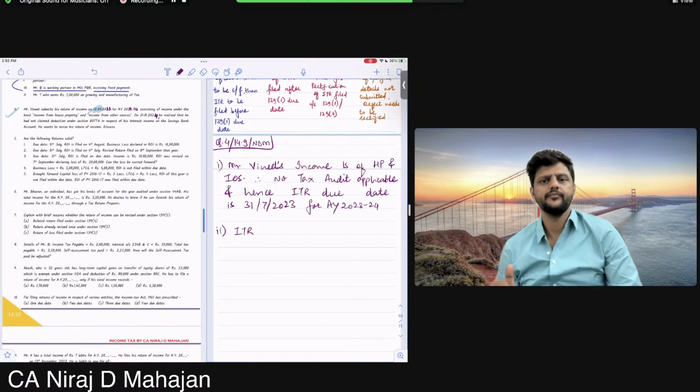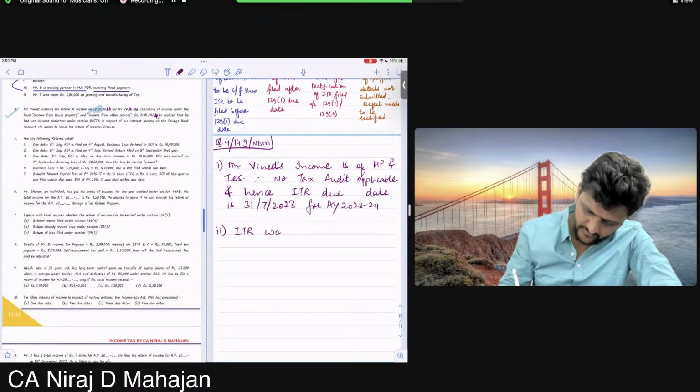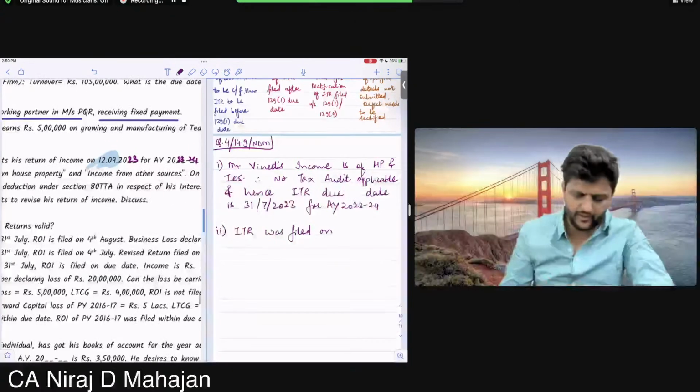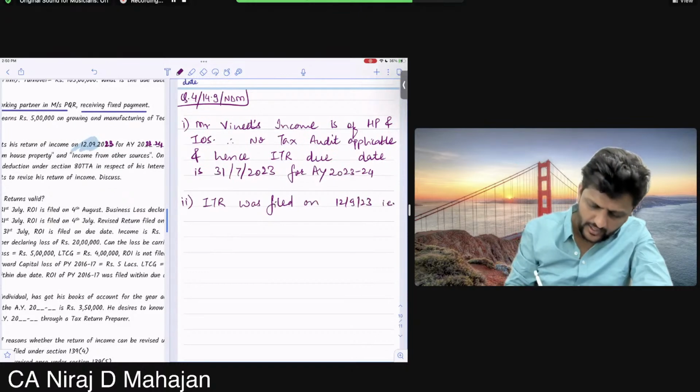Second point, ITR was filed on which date? ITR bachcho was filed on 12th September, right? That is after the 139 due date.